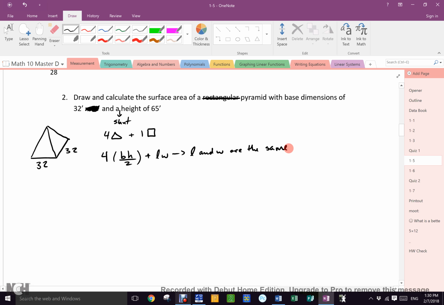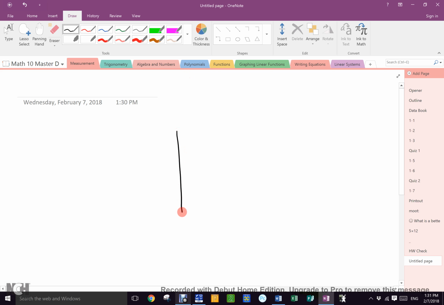All right. So now we got to talk about this because this is a mess. We talked about bases yesterday, didn't we? Okay. Don't write down what I'm about to do. I just want to show you guys something. What's the base of that triangle? 4.